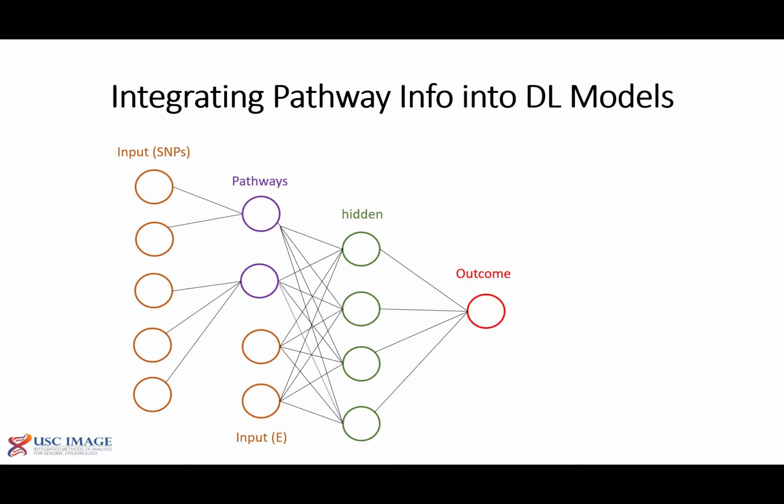The other nice thing about a deep learning context, and this brings it back to the idea of integrating additional information, is that we may have SNP data, we may know something about the pathways that those SNPs are in, and it's relatively straightforward to build our deep learning architectures in such a way that we don't connect everything together, but connect only SNPs, certain nodes that relate to commonalities and pathways, and then maybe we introduce exposures at that point, and then we're modeling forward.